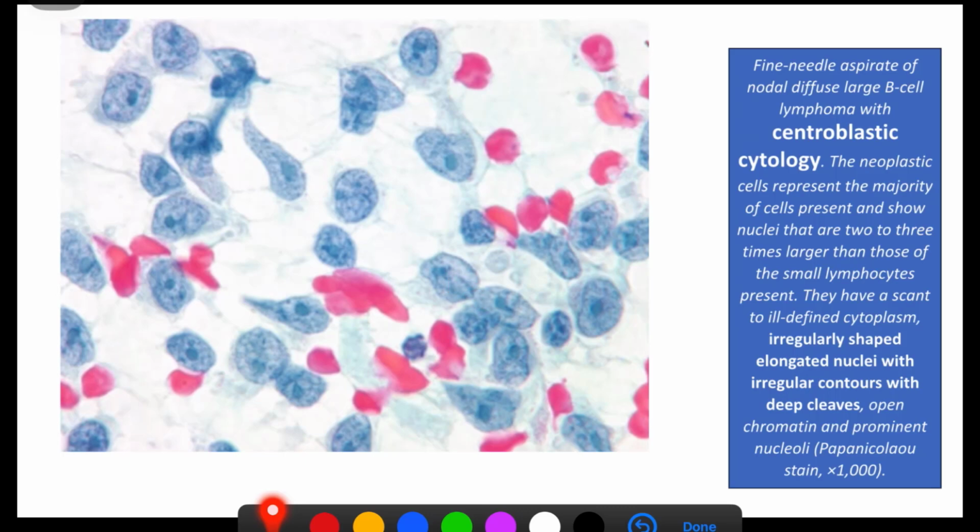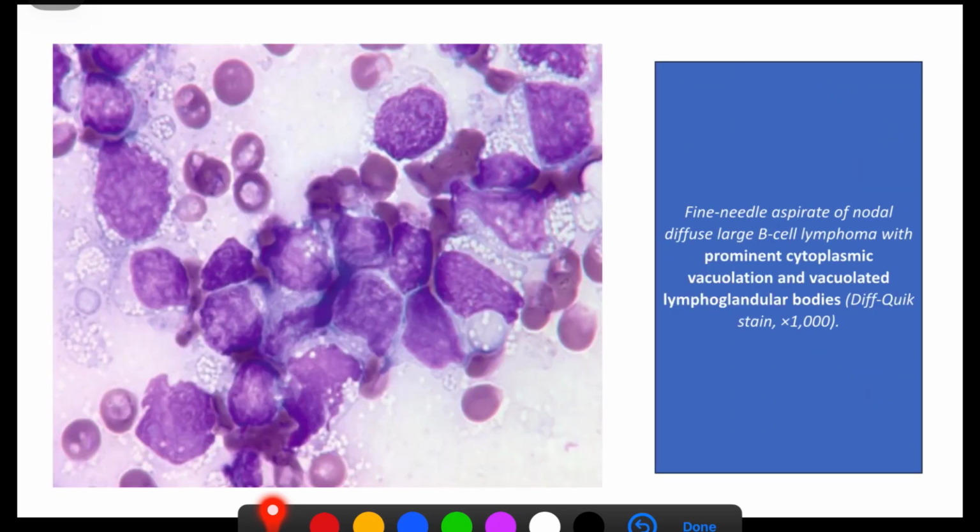So this is again centroblastic cytology, and prominent nucleoli are visible in almost all of the cells.